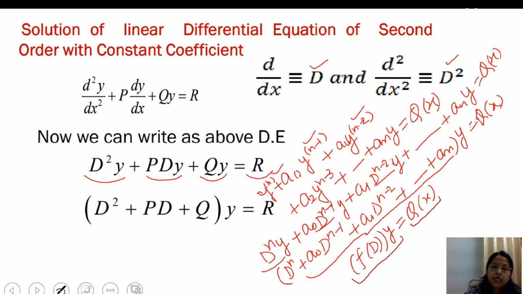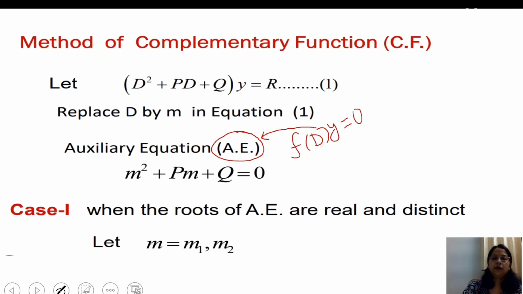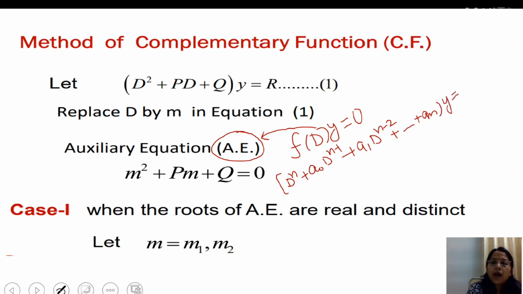Dn plus a naught Dn minus 1 plus a1 Dn minus 2 plus and so on, operating on y, and here we have to take this as 0.